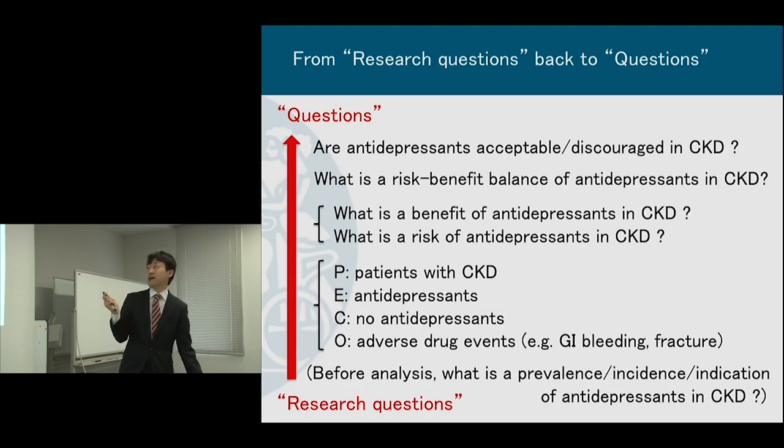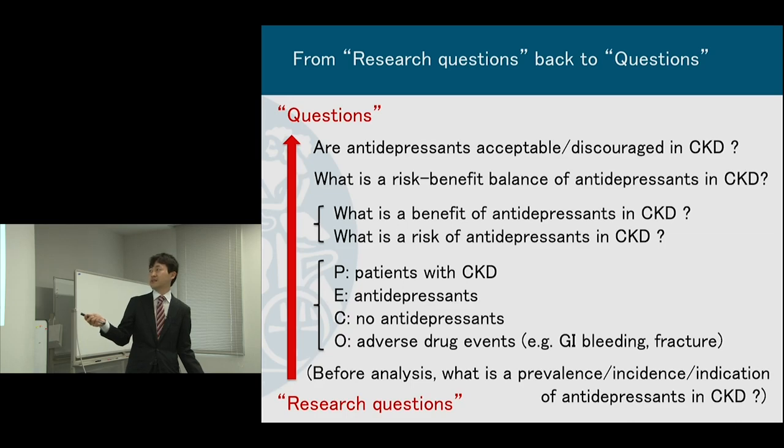Okay, so coming back to be more comprehensive, I return to the 2 research questions. I conducted the first paper, a drug utilization study, suggesting that antidepressants are more likely to be prescribed in patients with CKD. But there was excess risk increased in patients with CKD.